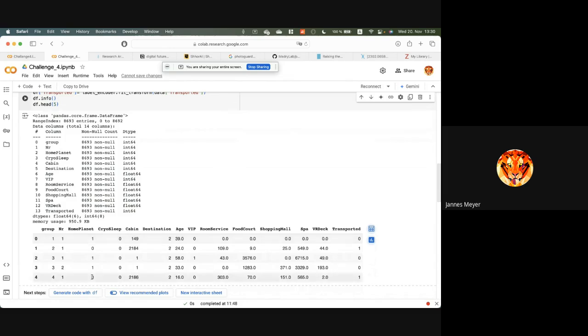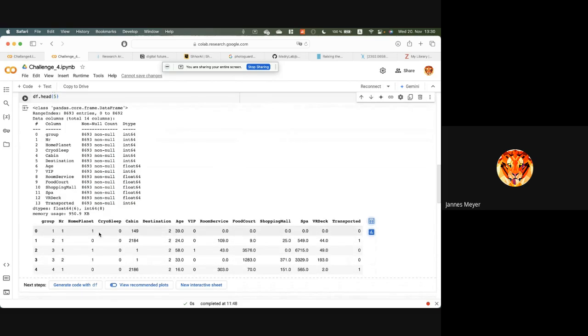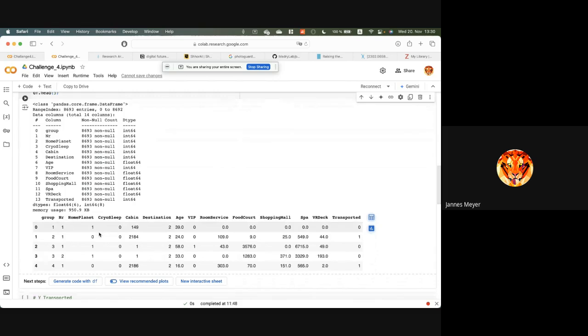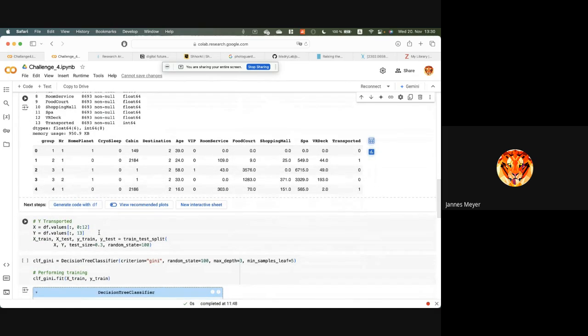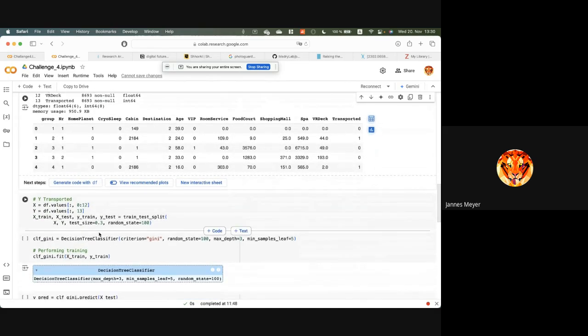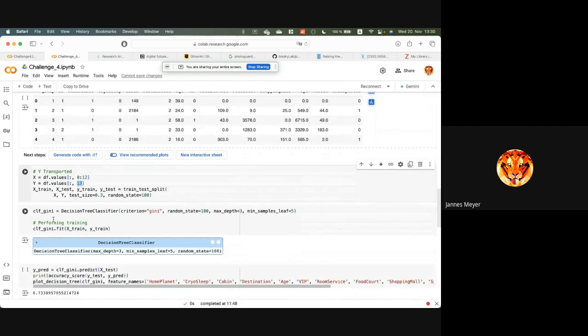Also, the home planet is no longer a name, it's a number now, which also makes it easier for later exploration. And now we dive into the decision tree. So we split it up into training and test data. And y obviously is the 13th value, which is the Transported value. So we can now train the classifier on it.